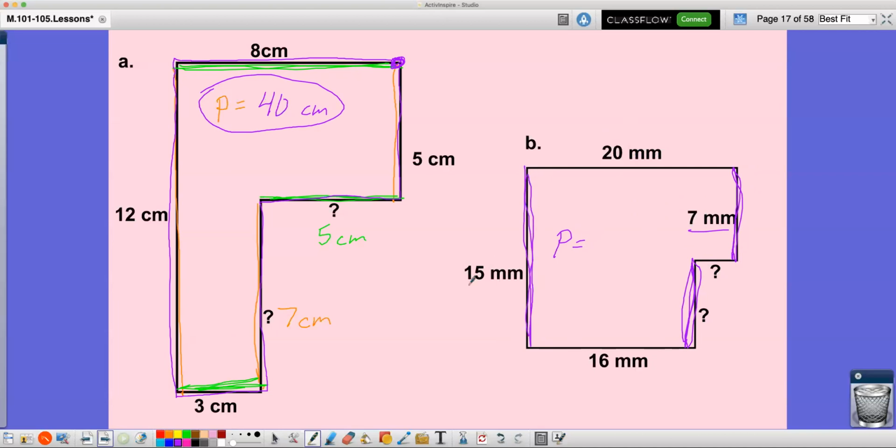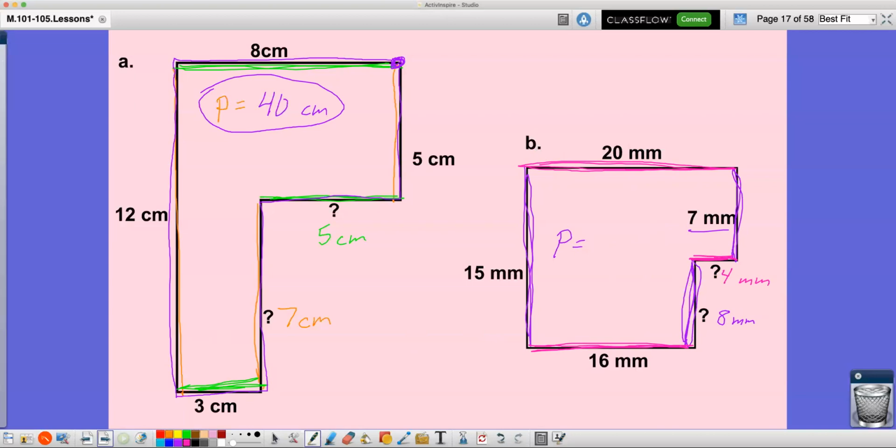So now I just need to take that 15 minus 7, which gives me the 8 millimeters. And then I need to determine what the other missing element is, which is this horizontal line is unknown. But I do know this horizontal line is 20 millimeters. And I know this horizontal line is 16 millimeters. So 20 minus 16 equals this, which would be 4 millimeters.